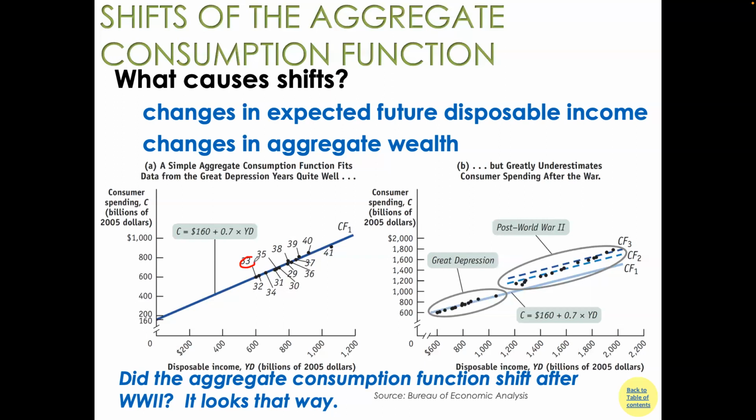In other words, these dots tell us, in 1933, what the total disposable income of our nation was and what total consumption in our nation was. These are converted into dollars using 2005 as the base year, so it's easier to compare.